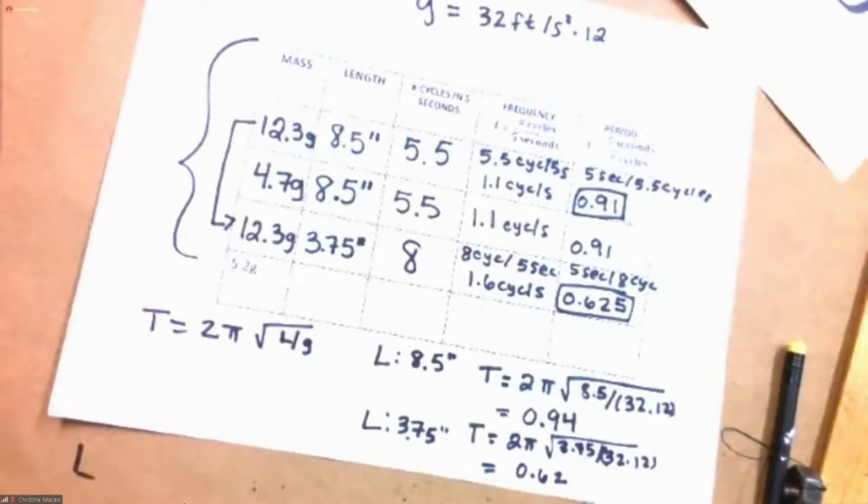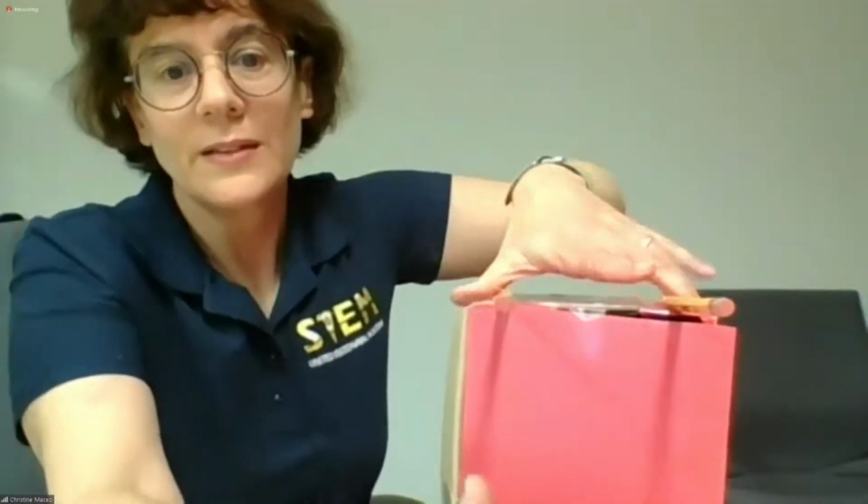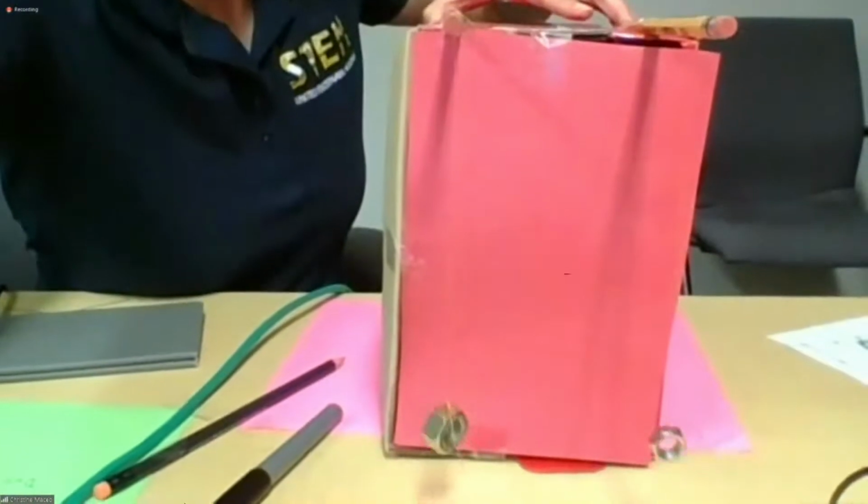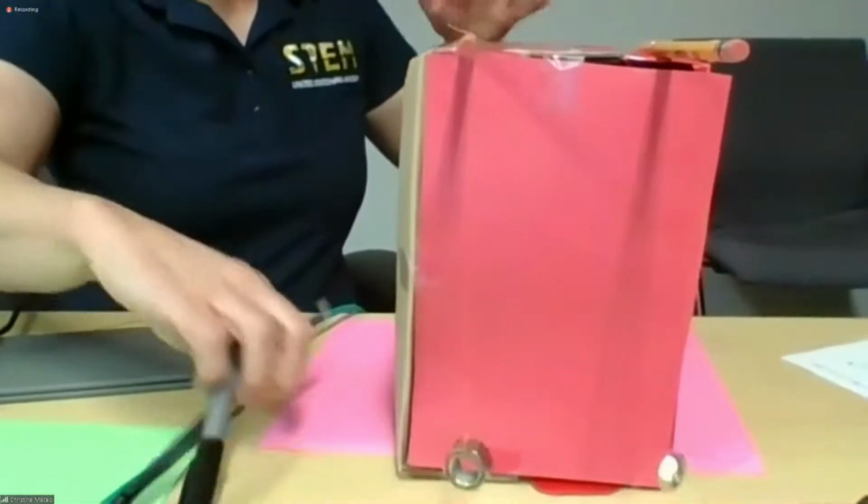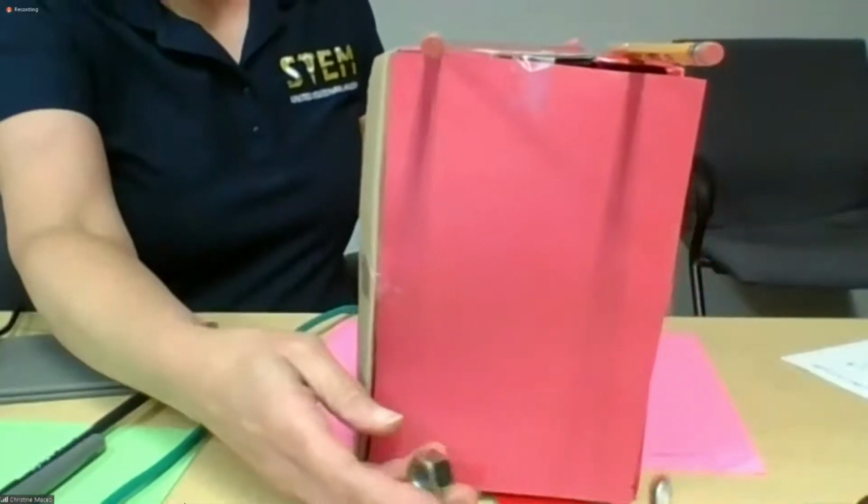So I wanted to point out a couple of other things that are interesting to look at when you start looking at pendulums. Let me pin this here first. Okay. So this also is a set of pendulums.